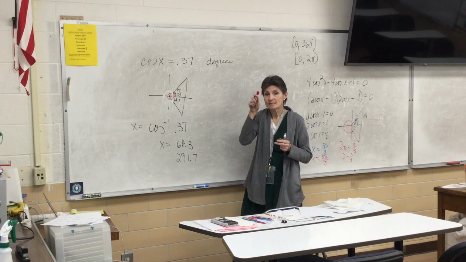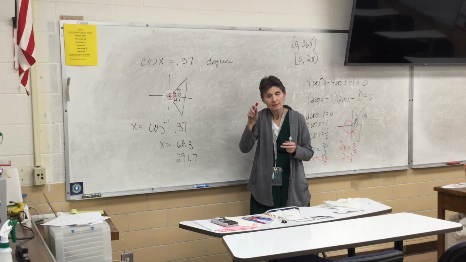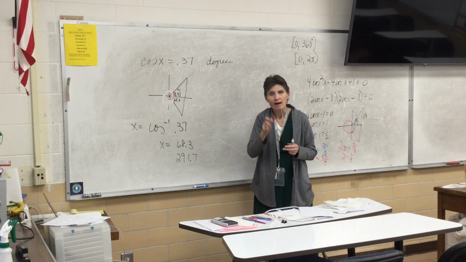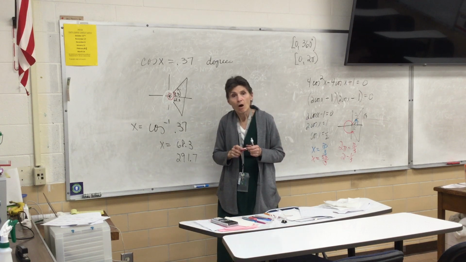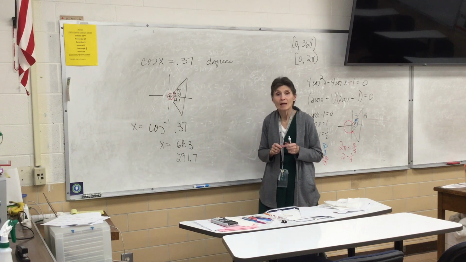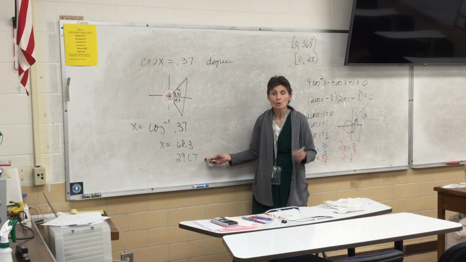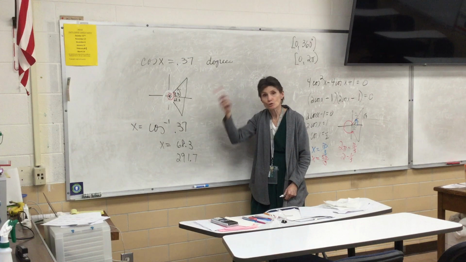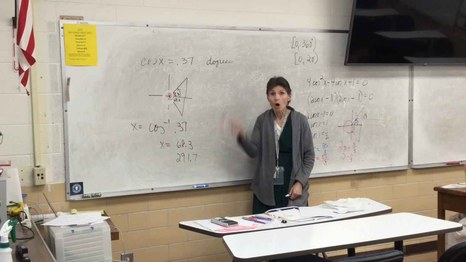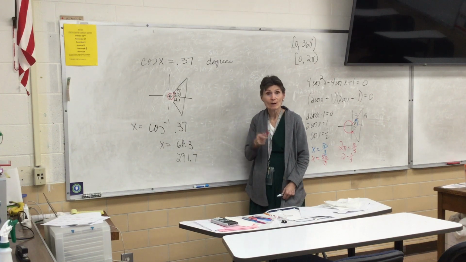Wouldn't 360 plus 68.3 be an answer? Yeah. In fact, all of the coterminal angles for these two are answers to the question. So it's not just the first two we come to. It's all of them as we spin around, around, around, both directions.